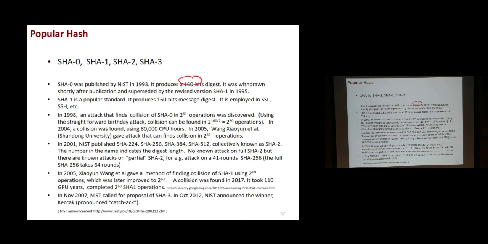The problem with SHA-0 is finding a collision. Because it's 160 bits, using birthday attacks you have to run something like 2 raised to the power of 80 to find the collision.